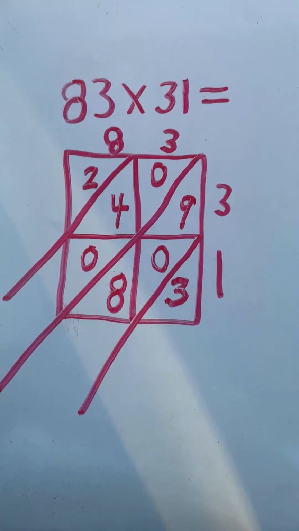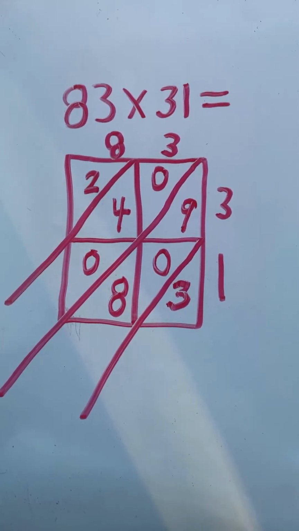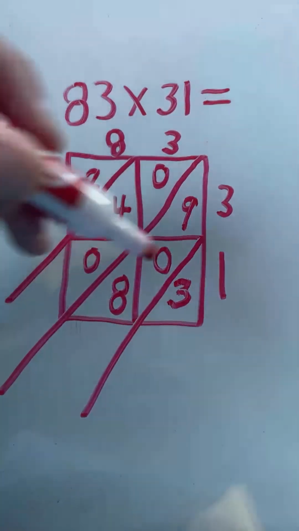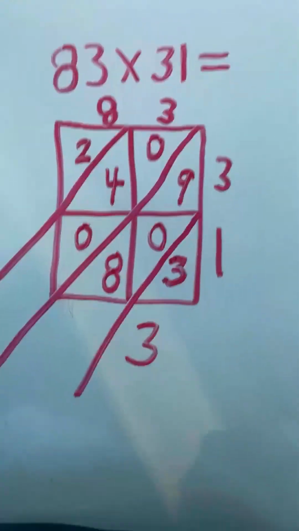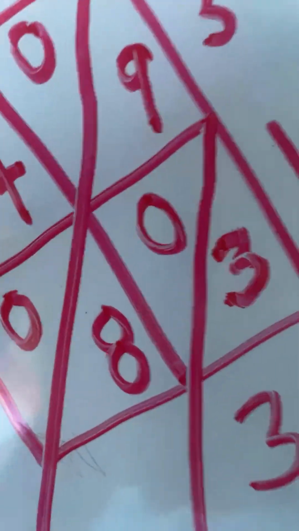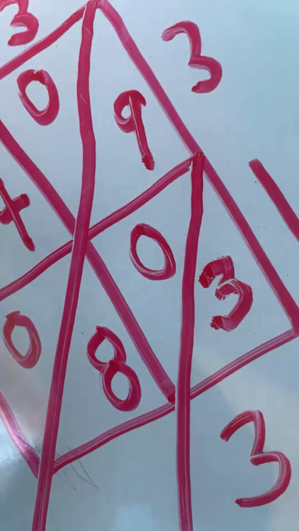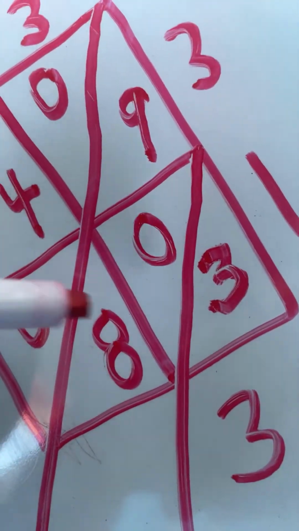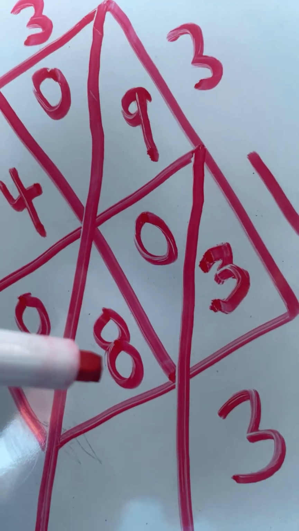So now we're going to add the numbers going across each of the diagonal lines. So going across this diagonal line, we have the number 3. In between these two diagonal lines here, we have 9 plus 0 plus 8. 9 plus 0 equals 9, plus 8 equals 17.